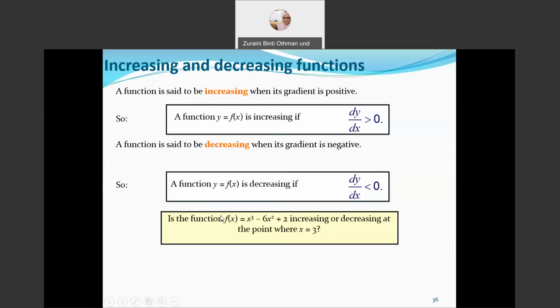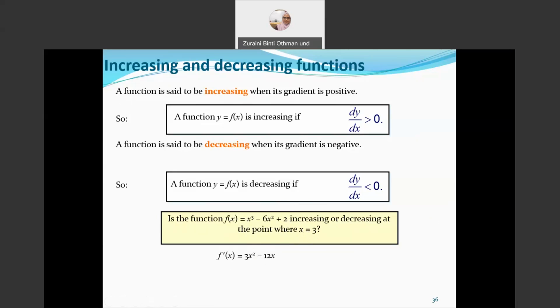Okay, then is the function increasing or decreasing at point x is equal to 3? Kalau soalan macam ni, maksudnya kita kena cari first derivative. Yang ni, x kuasa 3 tolak 6x kuasa 2 tambah 2 ni, cari first derivative dia. First derivative dia ialah 3x kuasa 2 tolak 12x. So, soalan seterusnya, dia minta kita cari pada titik x sama juga dengan 3 ni, dia increase ke decrease.